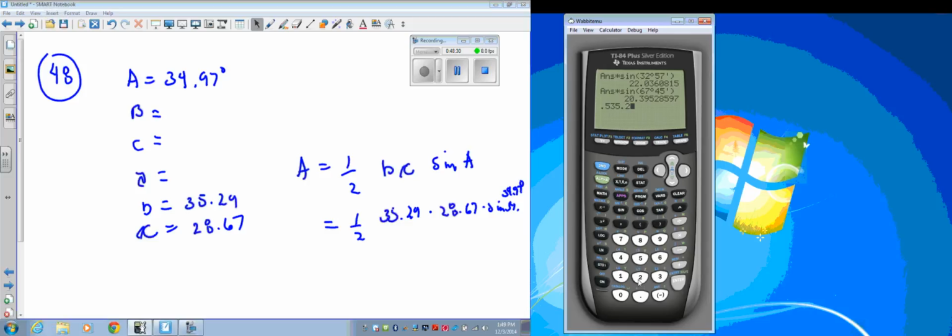Not the way you got it in there. How did I do that? I didn't put times. Times 35.29 times 28.67 and times the sine of 34.97.